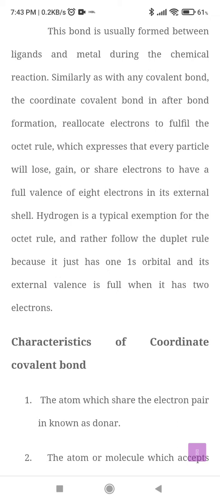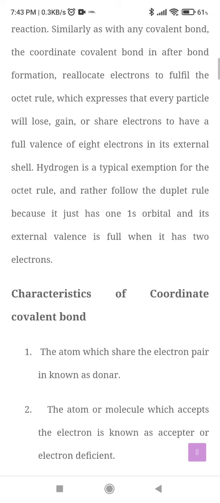We can say that hydrogen is a typical exception to the octet rule. Hydrogen is unable to follow it because hydrogen belongs to period number 1 of the periodic table, which has only one shell, so it can accommodate only two electrons.